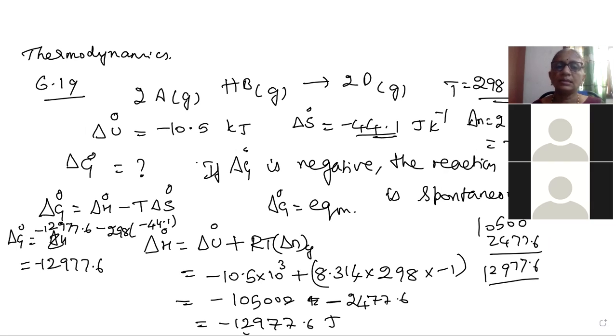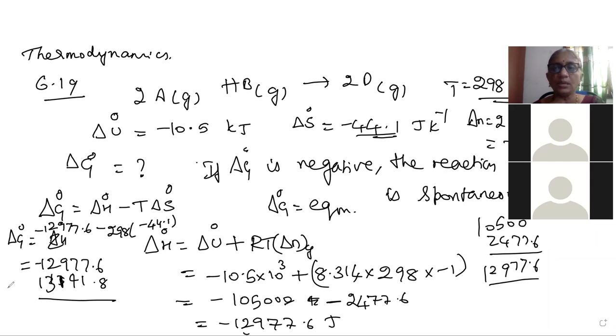Is it correct? Yes. So T delta S is the bigger number, no? So what will be the delta G naught?